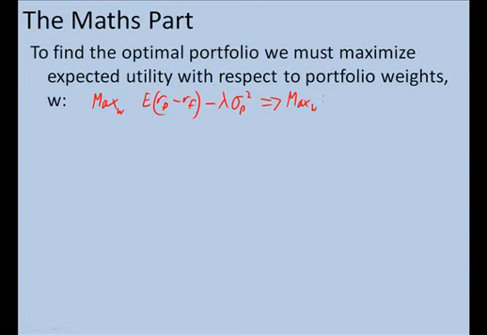So we have W transpose times mu minus RF, minus lambda times W transpose S times W. We know that if we have a function y which equals x to the power n, then dy by dx is equal to n x to the power n minus 1.